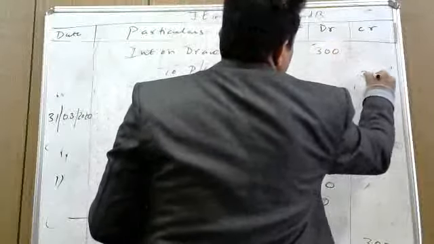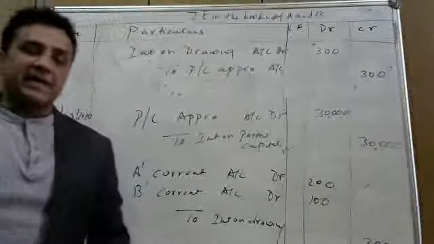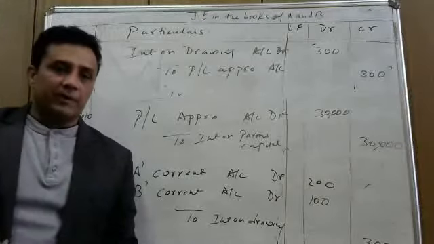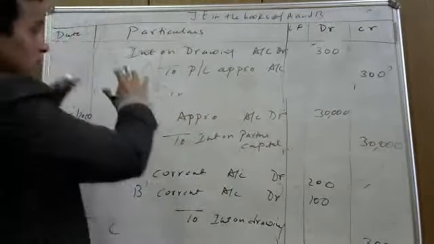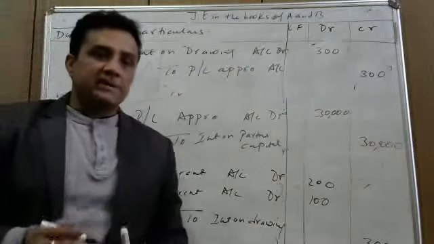The total interest the firm is charging is 300. So 300 will be transferred to the credit side of PL appropriation account, because it's income for the firm. The firm is charging interest on the respective drawings.